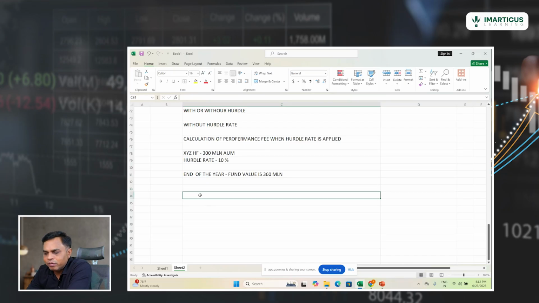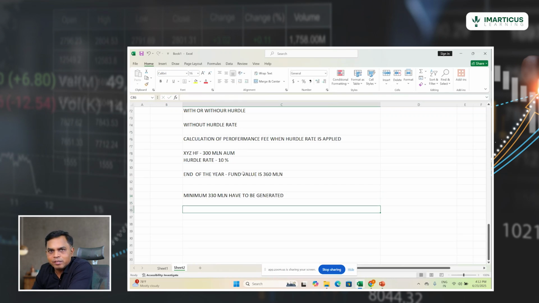So the fund has to generate a minimum of 330 million. Now the fund has generated 360 million. That means they have generated 30 million excess profit, over and above the hurdle rate.